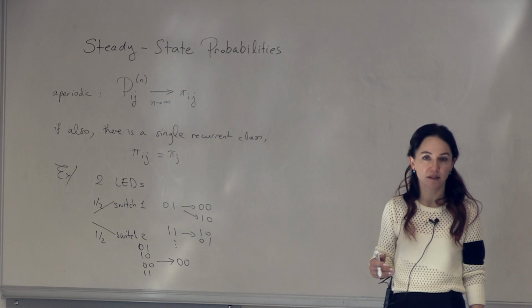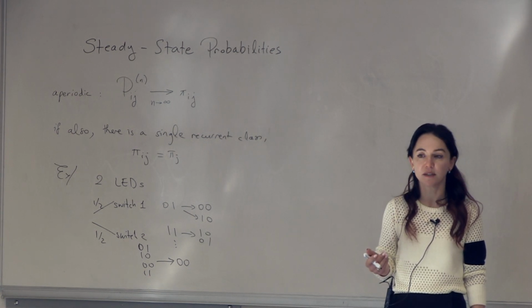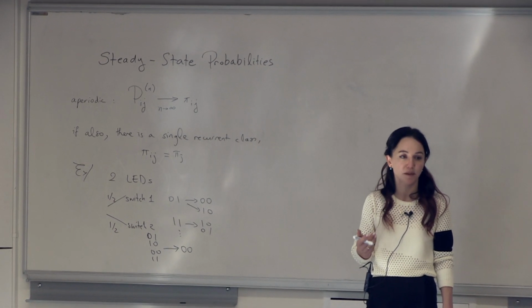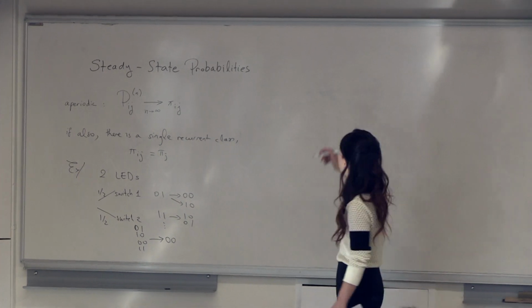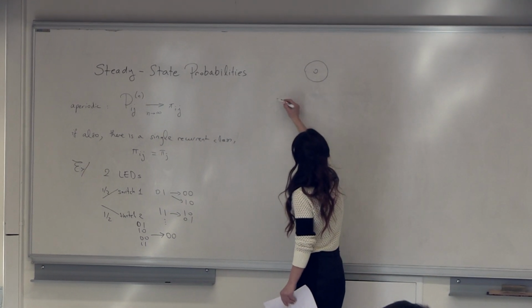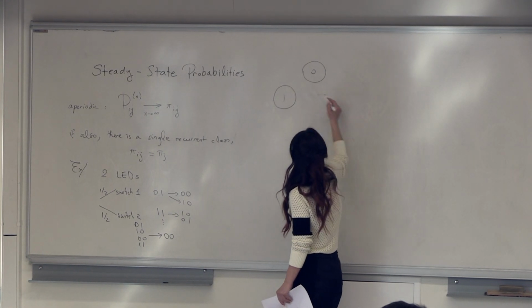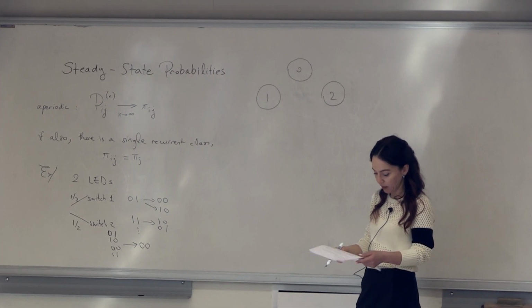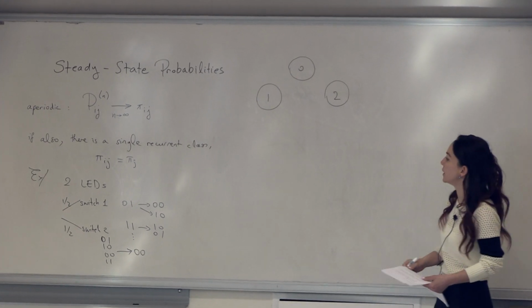The state space that I suggest for this is 0, 1, 2, which gives us the number of LEDs that are on at any given time. So let's draw that Markov chain and put the transition probabilities on it.